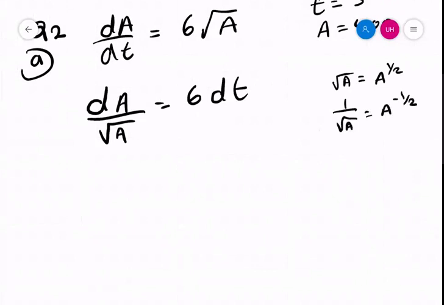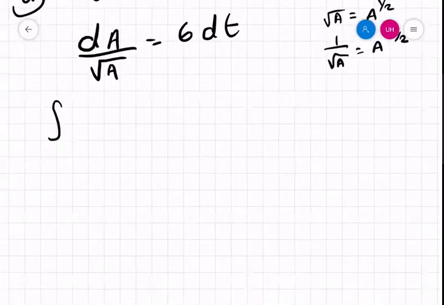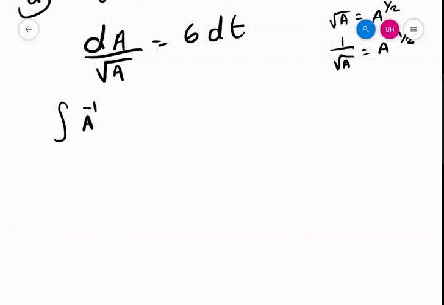So we can write it down now as integration of A to the power minus 1/2 dA equals integration of 6 dt.